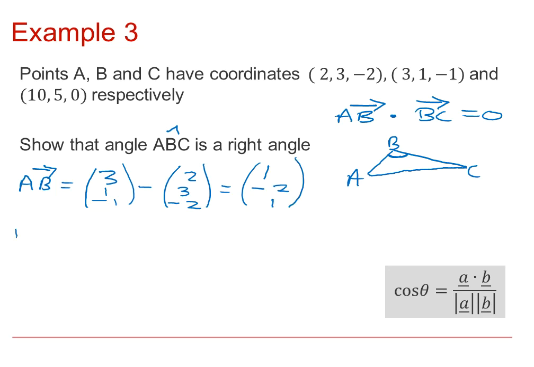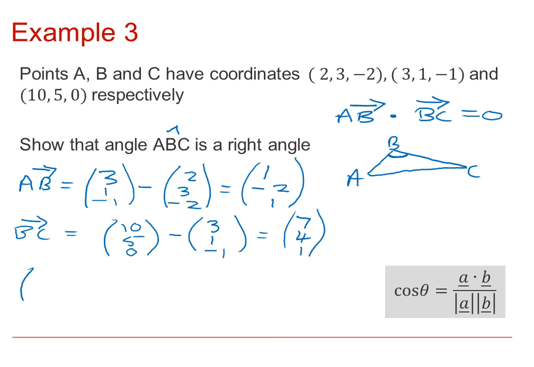Similarly, BC will be the position vector for C, (10, 5, 0), take away the position vector for B, or in other words (7, 4, 1).